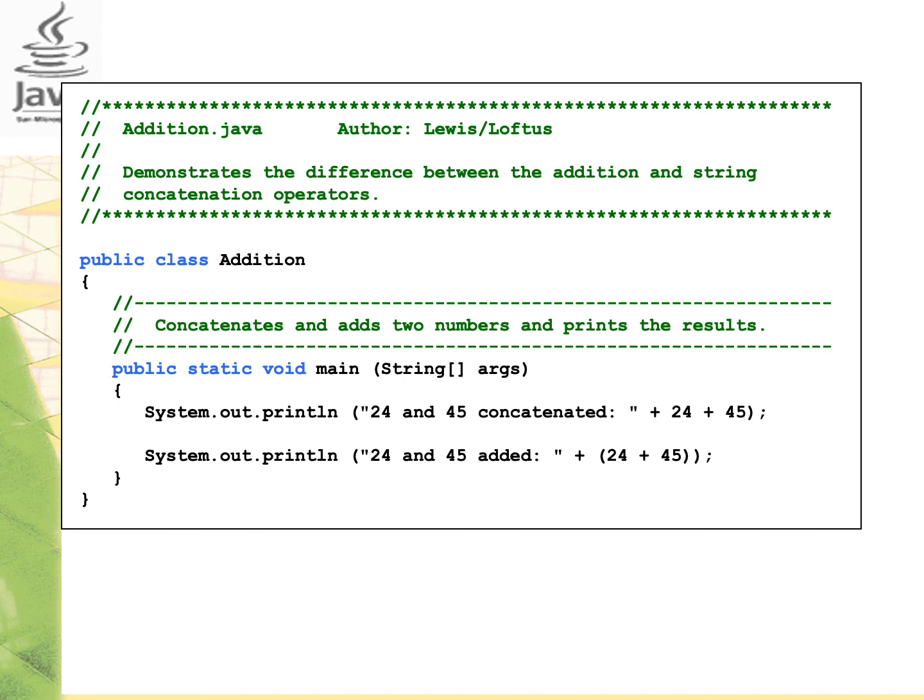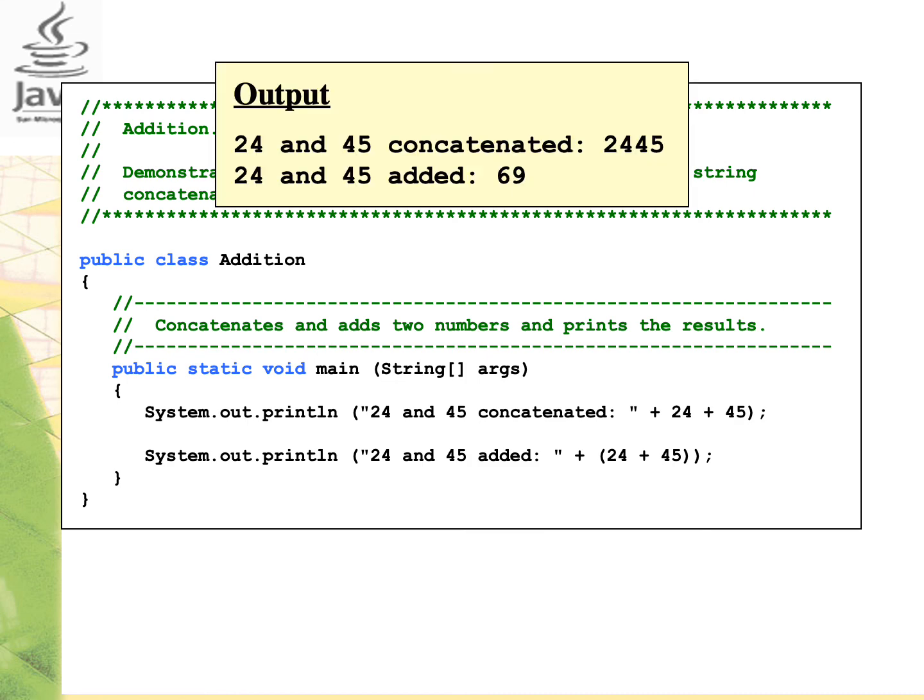The second one, if we look over here, it has the brackets. Remember that brackets or parentheses force it to be evaluated first. So the output will be 24 and 45 being added. So it is equal to 69. These are the output that you should get.